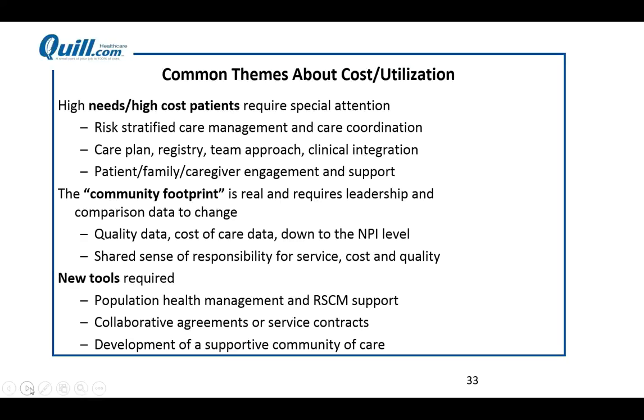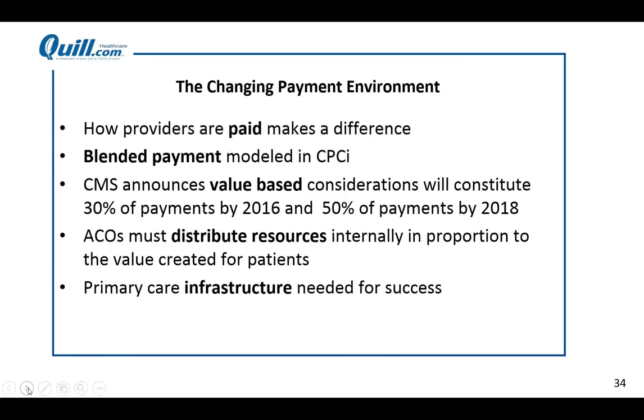And we really need to start to benchmark against other communities that have lower utilization, lower costs, but just as good quality and results. And then finally, new tools are required in terms of population health management that I mentioned earlier, and more developing this supportive community.